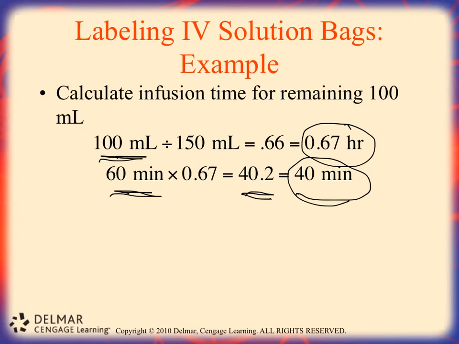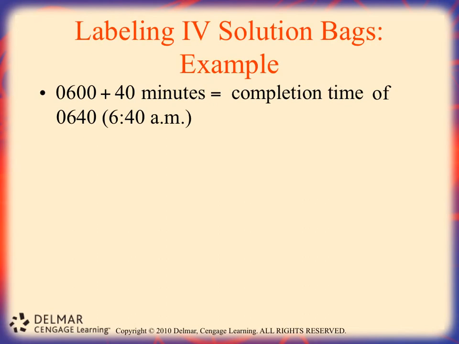And so if we go back to the previous slide, it would be 0640 when this total infusion would be complete. So that would be our completion time. You can see that here on the last slide. Work these problems in your book, and we will go over this and have some sample problems tomorrow.